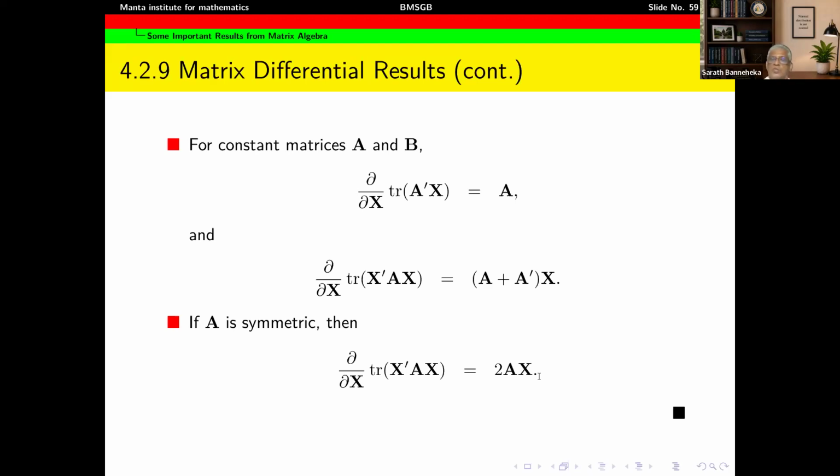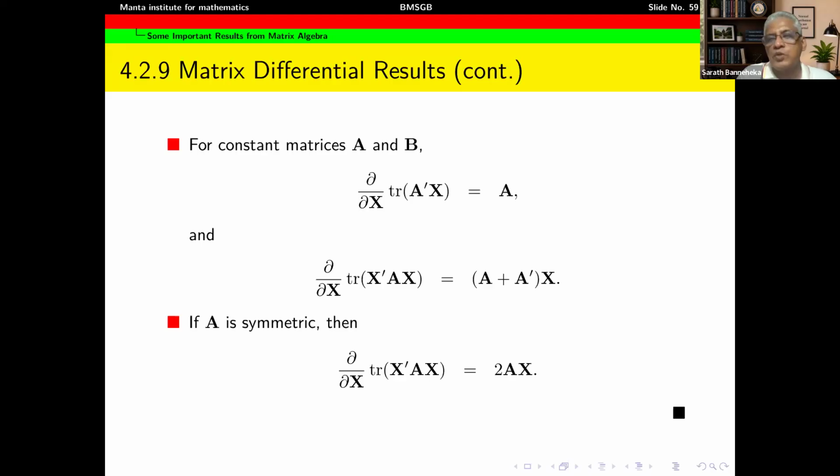Right. So that is the end of this video that presented some important results from matrix algebra, especially important for multivariate analysis. In statistical multivariate analysis, these results are usually very, very useful.